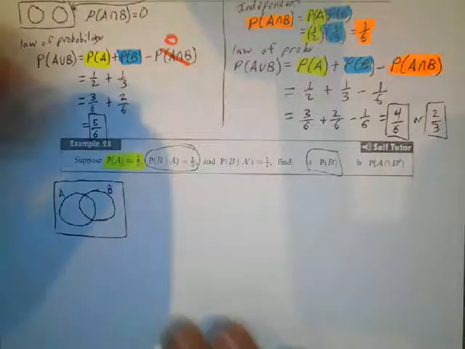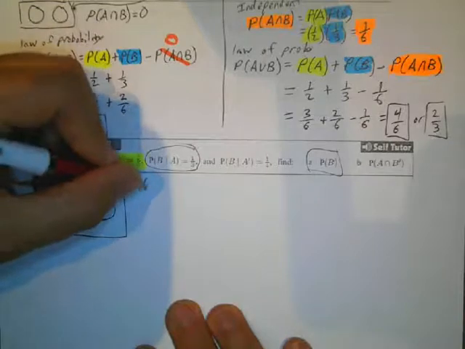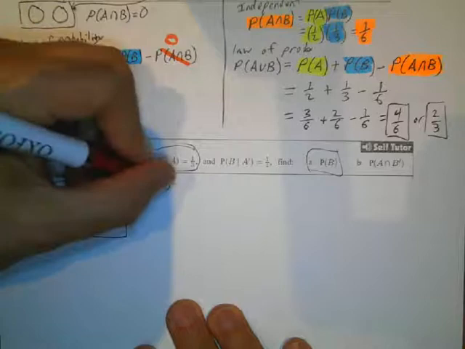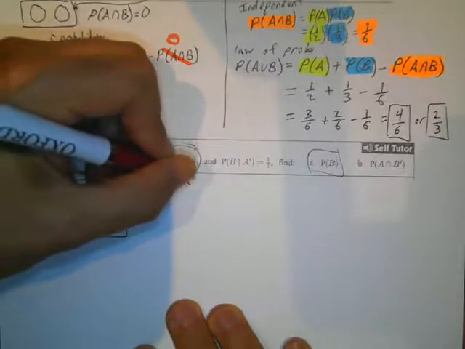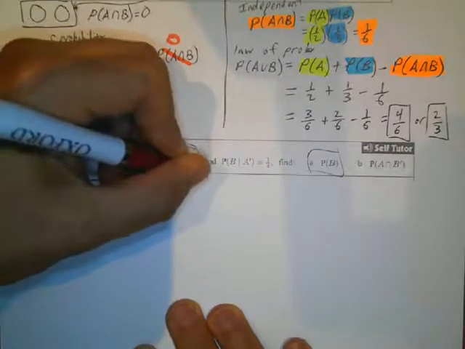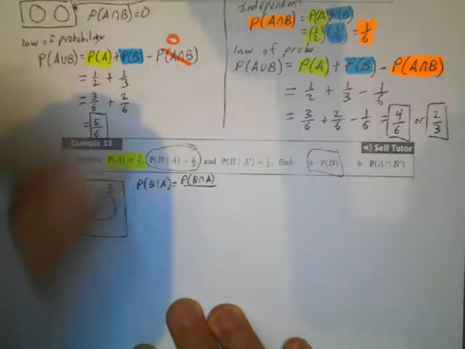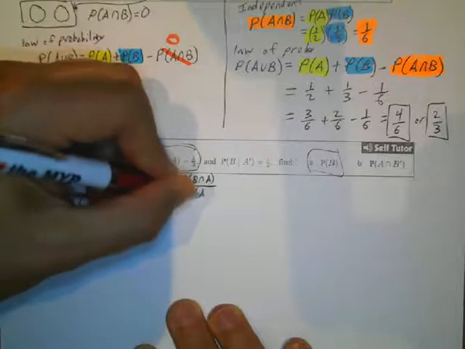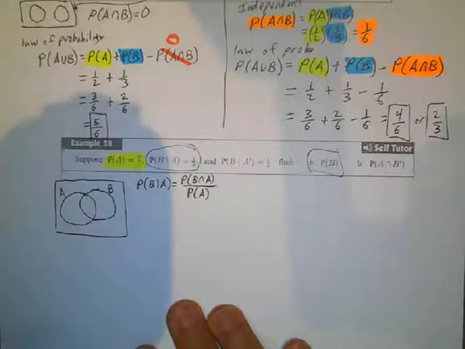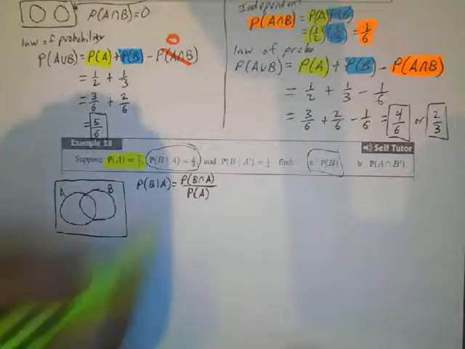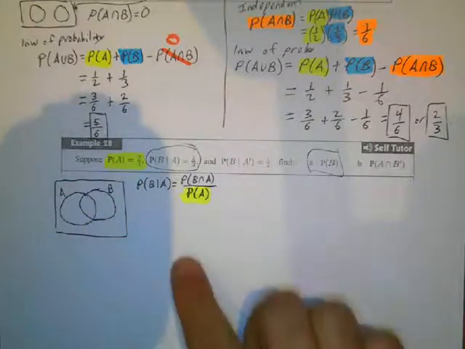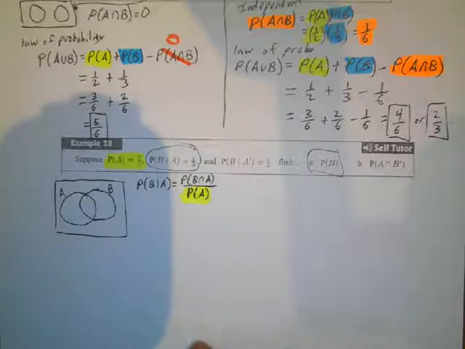So here I've got probability of B given A. The formula is going to be the probability of the intersection, B intersection A, divided by the probability of what's given, which is A. Okay, now we know that this here is 2/5, and we know that, let's pick a different color.